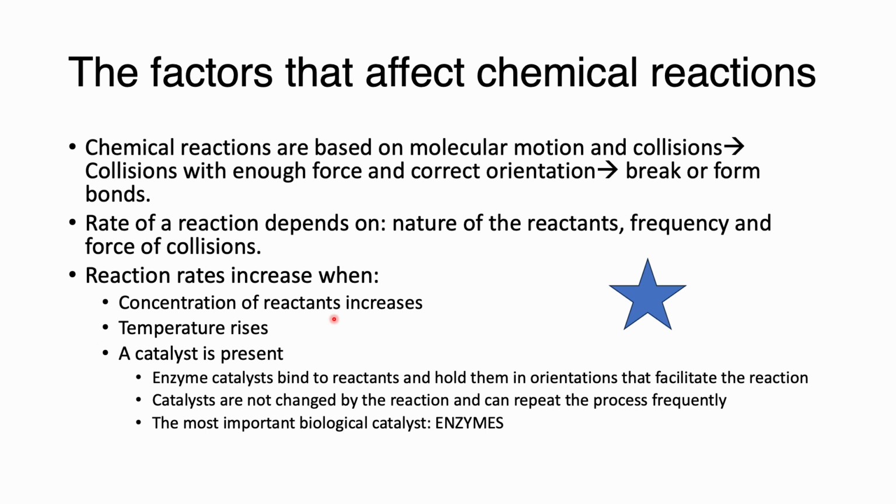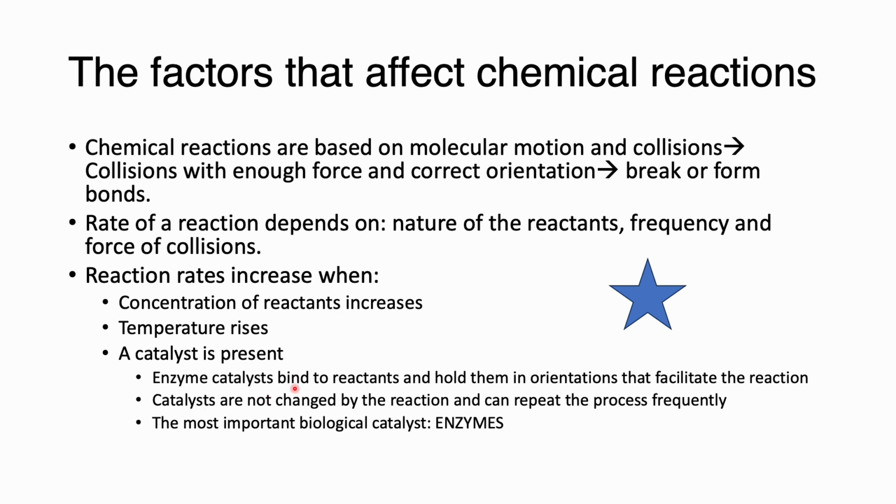What if you don't have a concentration of reactants and you don't have temperature? What else can we add to get to our goal much more quickly? Catalyst. A catalyst is an enzyme catalyst. It will bind to the reactants, hold them in the correct orientation, and those catalysts, they just hold it in place, let the reaction occur more quickly, and they themselves are not used up.